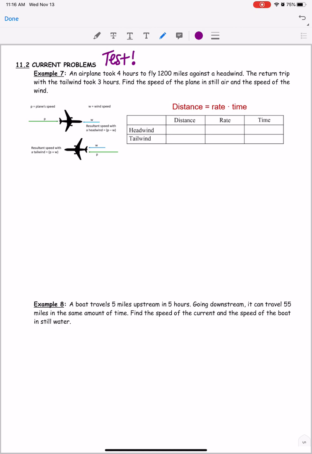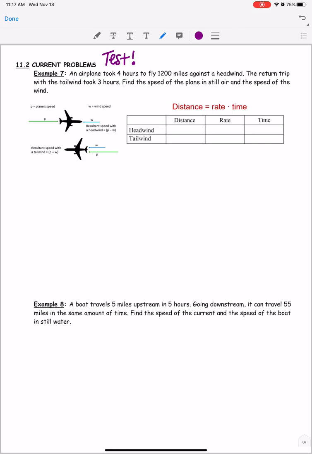A headwind right here is when that wind is going against the head of that airplane. The returning trip with a tailwind, so same thing, now your tailwind is the wind going into the tail, took us 3 hours. So find the speed of the plane in still air and the speed of the wind.